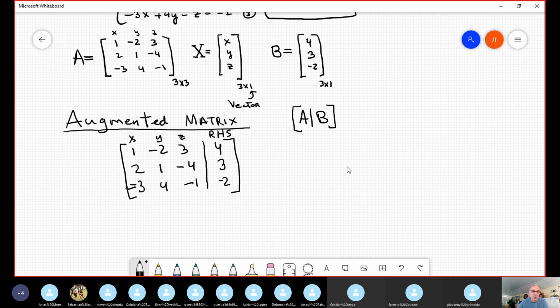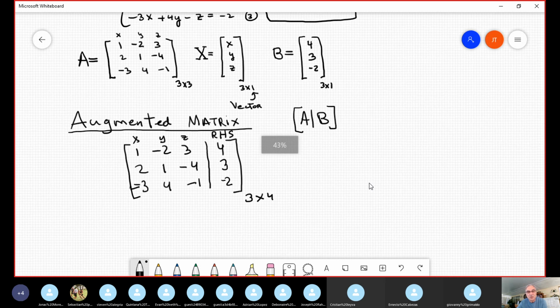By the way, what is the dimension of this matrix? It's 3 rows by 4, because we have 4 columns. Normally, the number of rows represents the equations. In our problem, we have 3 equations, so we expect 3 rows.